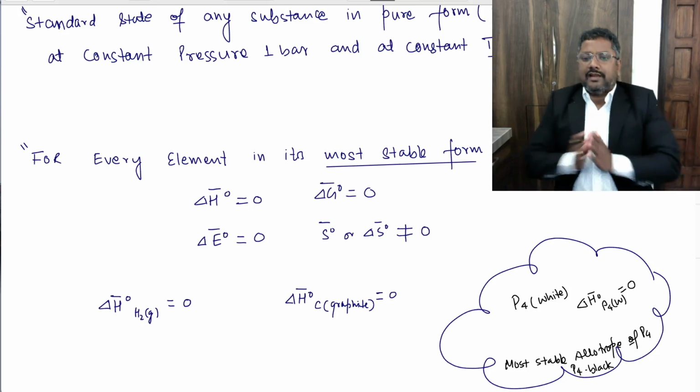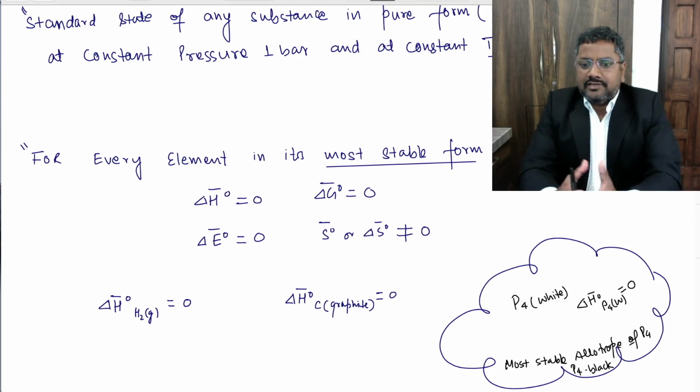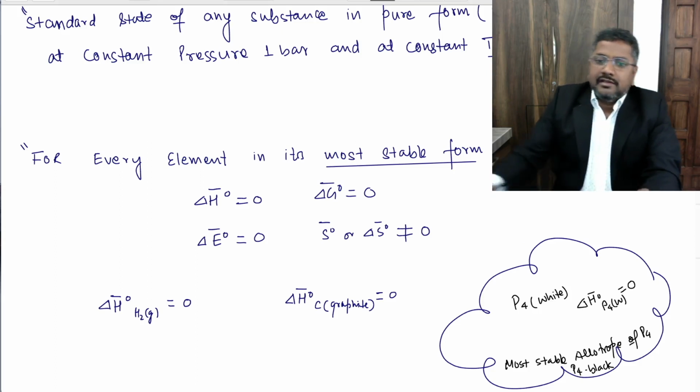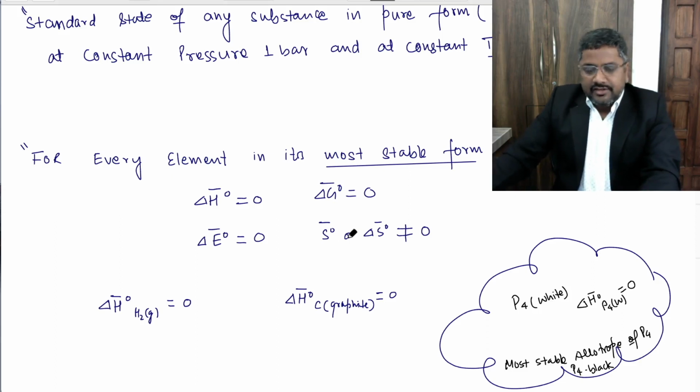So P4 black is the most stable allotrope, but for the thermodynamic reference we have taken P4 white. This is the only exception. And for the rest of the elements, delta H formation is 0 for the most stable allotrope.